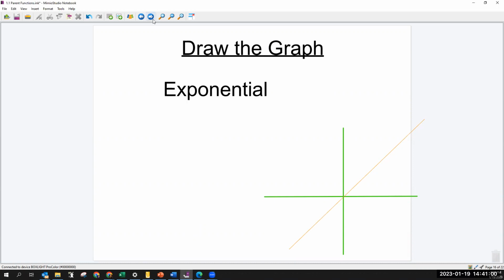All right, pause your video and try to do exponential. All right, exponential looks like that. Kind of hugs the x-axis, maybe a little closer than I drew it, but it always crosses the y-axis at 1.